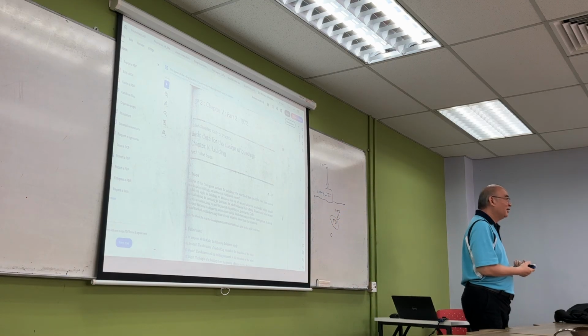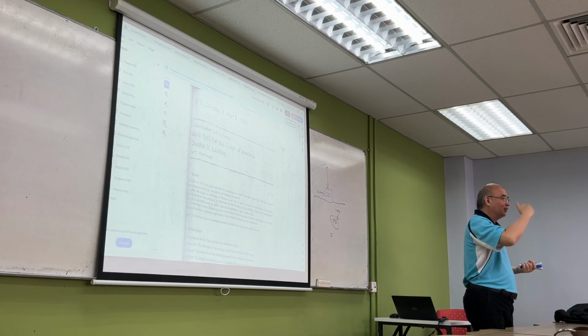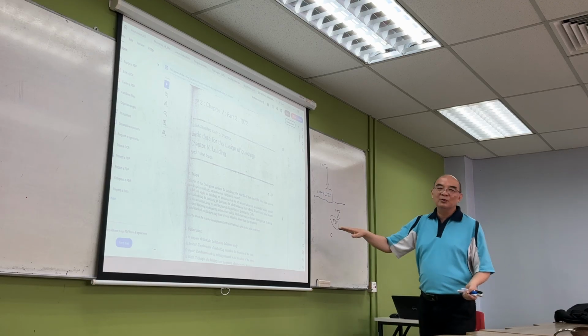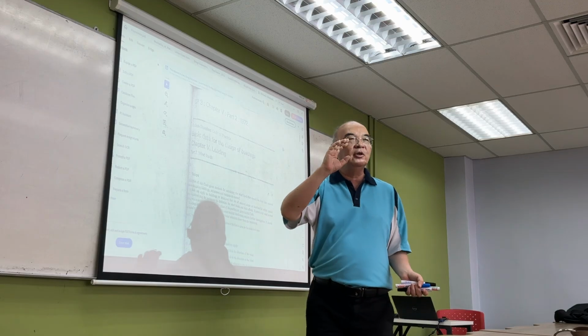You cannot say design for the average. I think we will stop here, but these are the points that I want you to think about. It means wind speed is not so simple.